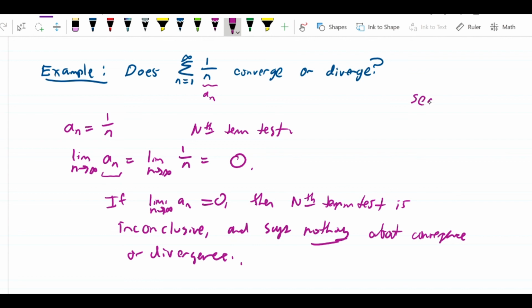So recall, this was a very important distinction. There's sequence and there's series. We have to keep straight which one we're talking about. So it is true that the sequence a_n equals 1 over n does converge to 0, but its corresponding series, it turns out, does not, but there's no way to tell that through the nth term test. I know, that's kind of confusing, but that's the way it works. Okay.